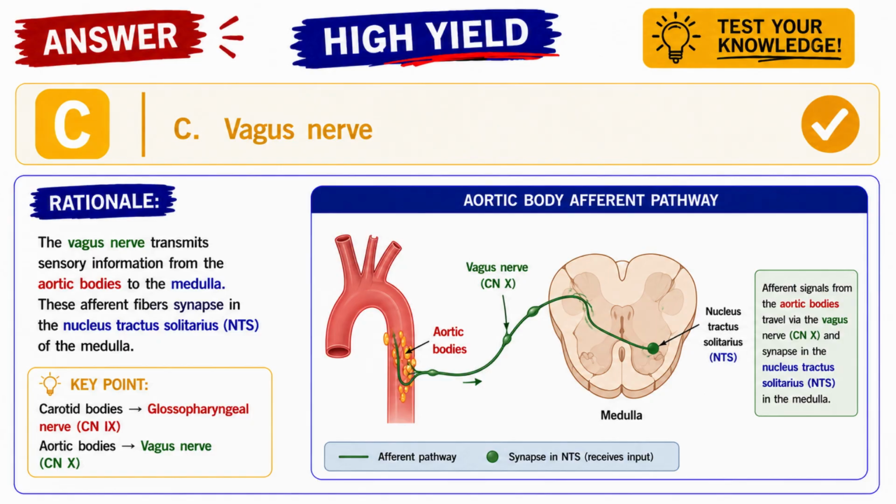The aortic bodies may play a greater role in cardiovascular reflexes, blood pressure and heart rate regulation than in ventilatory control. But both peripheral chemoreceptor groups respond to the same stimuli: low PaO2, high PaCO2, low pH. And both contribute to the overall peripheral chemoreceptor drive to ventilation.